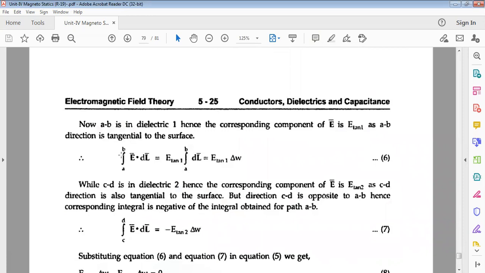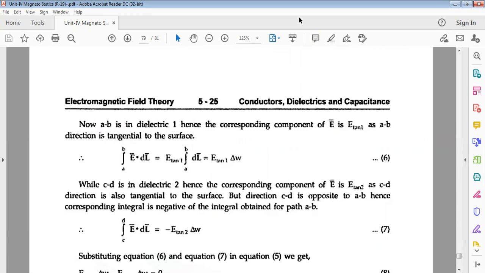So now the integral A to B of E bar dot dl bar is E tan 1 into delta omega, and in the opposite direction, C to D of E bar dot dl bar is minus E tan 2 delta omega.